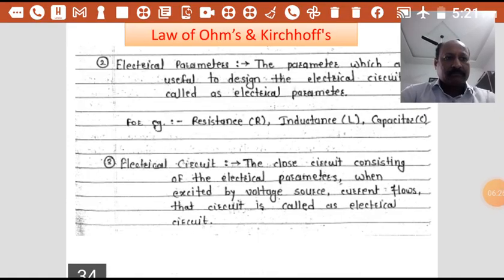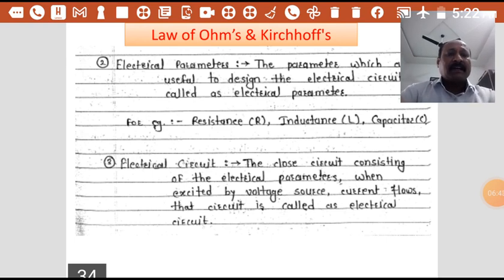So the resistance, inductance and capacitors are the electrical parameters. Sometimes the circuit may be purely resistive, meaning only resistances are connected in the circuit, having the series and the parallel combinations. Sometimes the RL circuit is there.